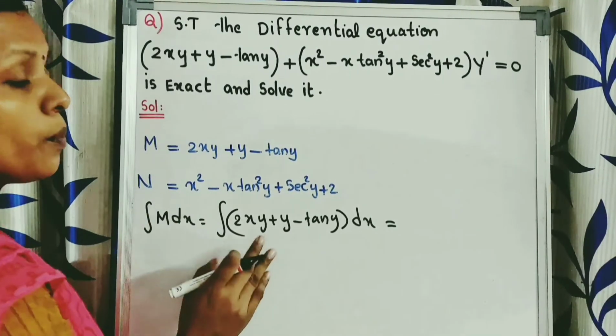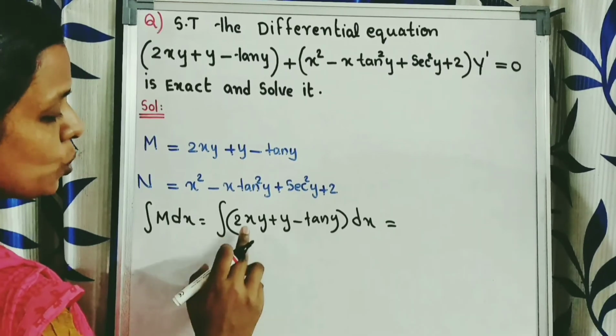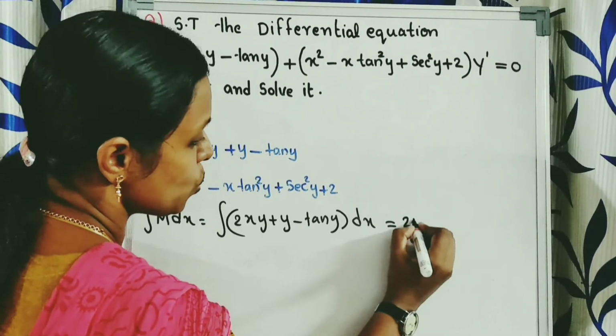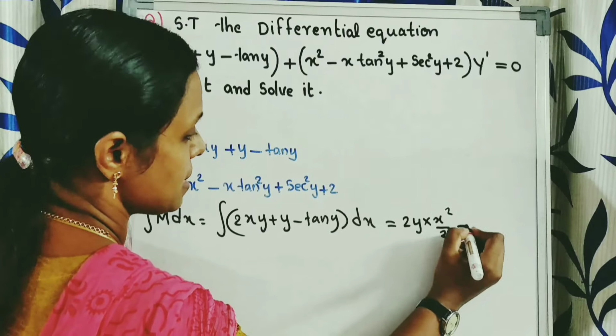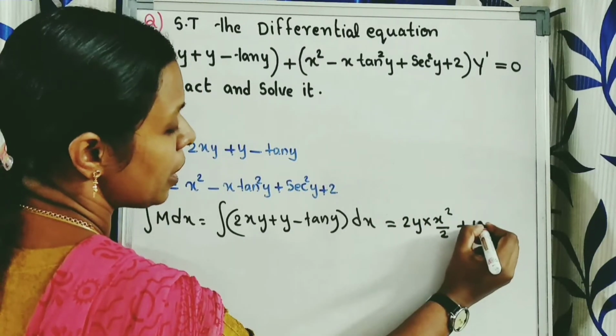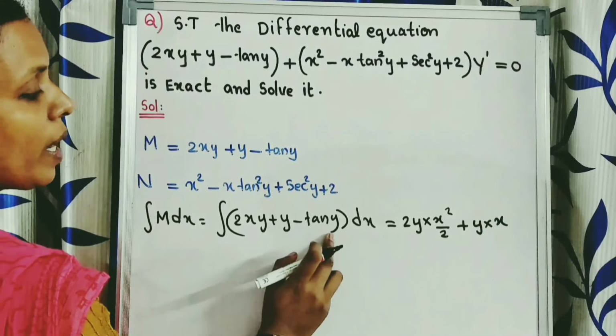Here we consider y as constant; 2y is constant and the integral of x is x square by 2. That is 2y into x square divided by 2, plus the integral of y dx: y is constant and the integral of dx is x. Next is minus tan y dx.